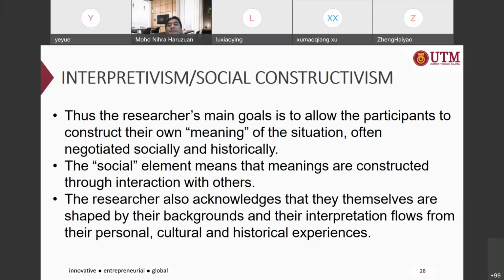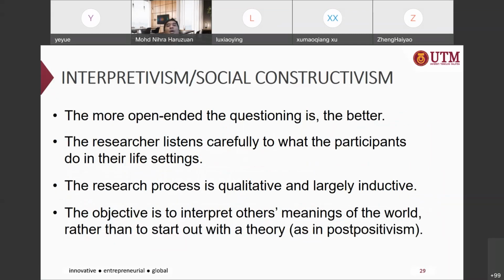The researcher also acknowledges that they themselves are shaped by their backgrounds, and their interpretation flows from their personal, cultural, and historical experiences. In interpretivism, the questioning is more open-ended. The more open-ended the questioning is, the better, right? The researcher listens carefully to what the participants do in their life setting.